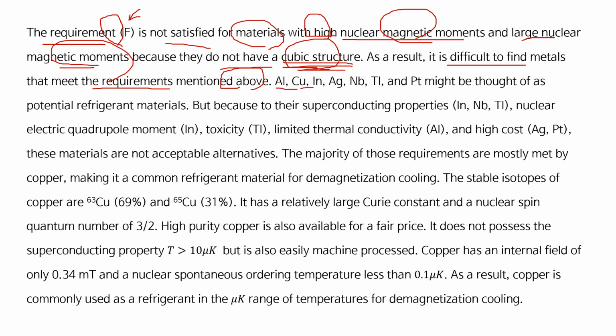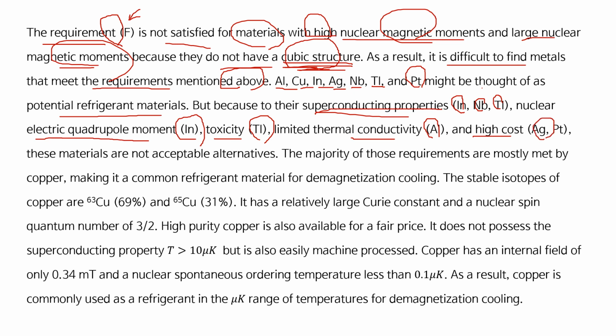Aluminum, copper, indium, silver, niobium, Tl, and Pt might be thought of as potential refrigerant materials, but indium, niobium, or Tl have superconducting properties. Other drawbacks include nuclear electric quadrupole moment, toxicity, limited thermal conductivity, and high cost.